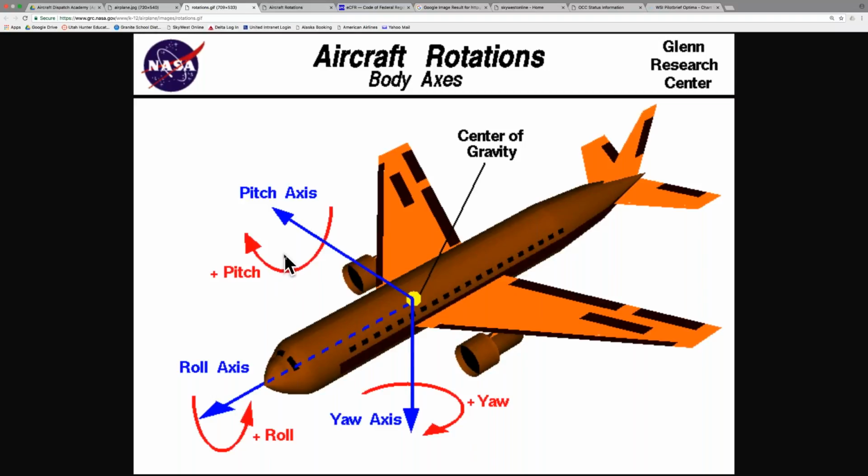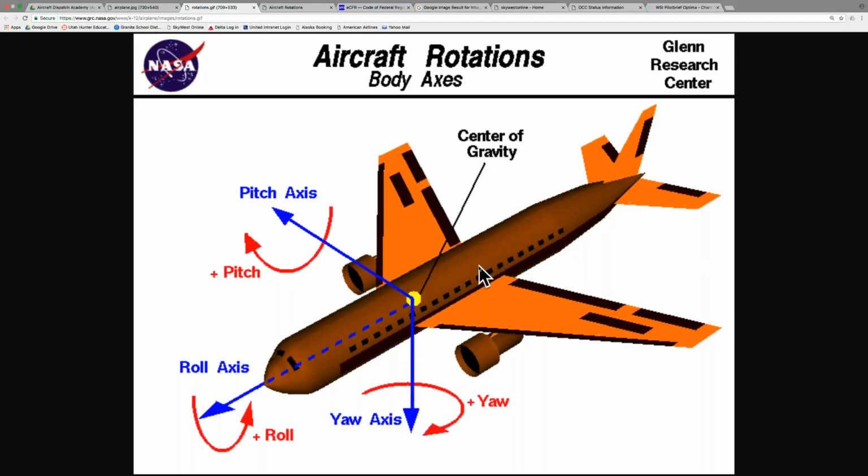So when we rotate on this pitch axis, we call it the vertical axis.